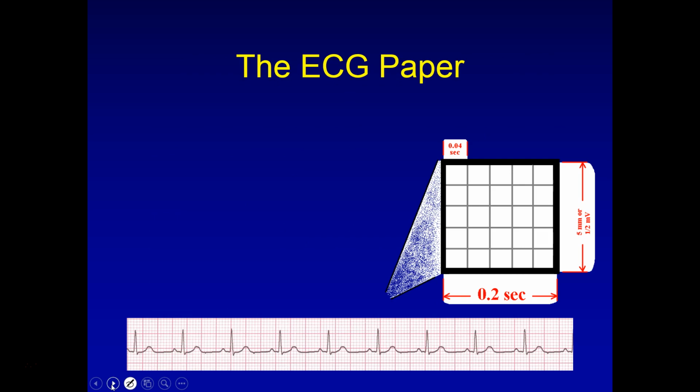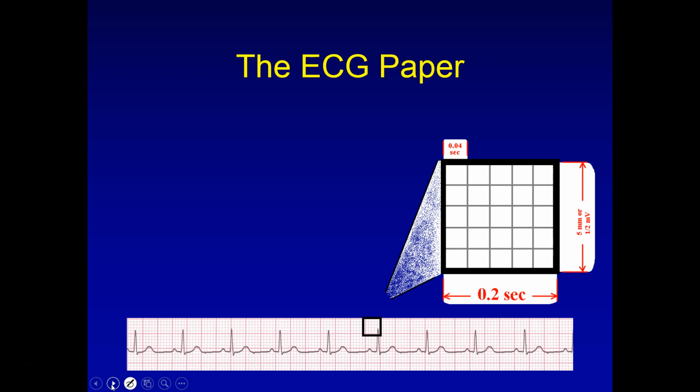Okay, let's look at the EKG paper. The little boxes and the big boxes are representing time. And this is how we tell how long it takes when we measure various waveforms. So each big box is 0.2 seconds.